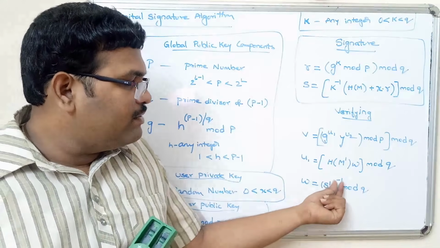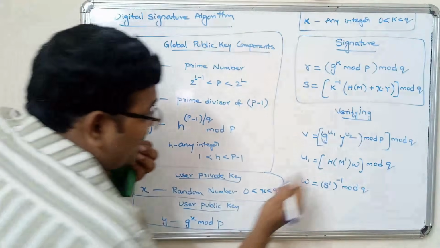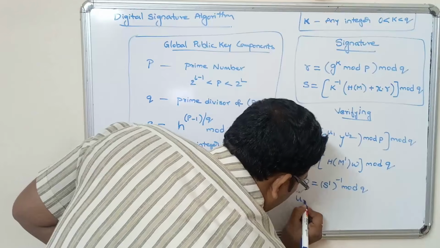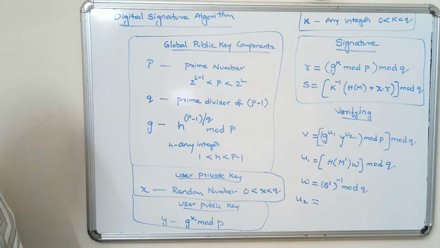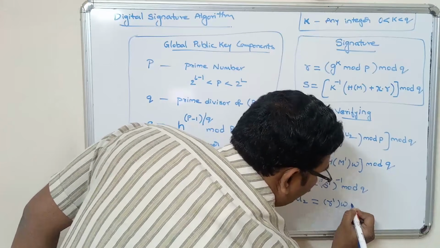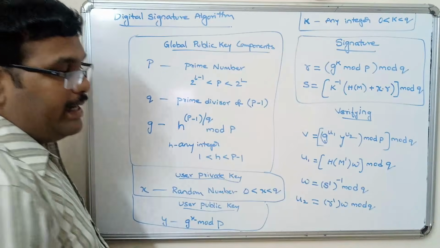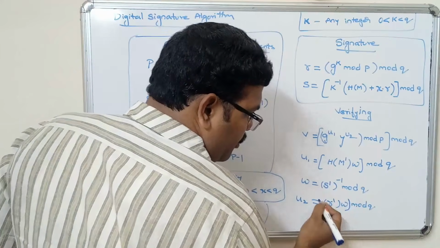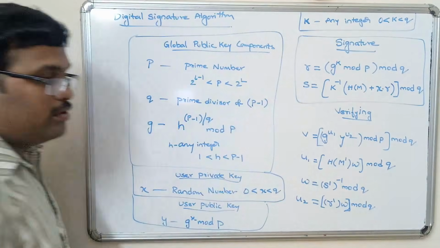So S dash inverse mod Q will be the W value. And U2 is equal to R dash into W mod Q. So this is the formula.